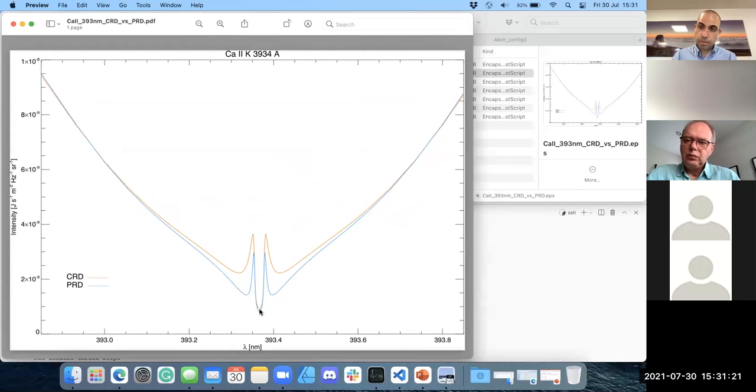So the difference here is small, and then here is much larger. So then now we can see that for mu equal 1, you can already see difference between CRD and PRD. They are relatively small for a calcium infrared line and much larger for the calcium H and K.